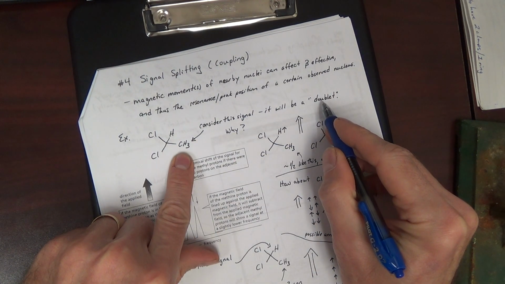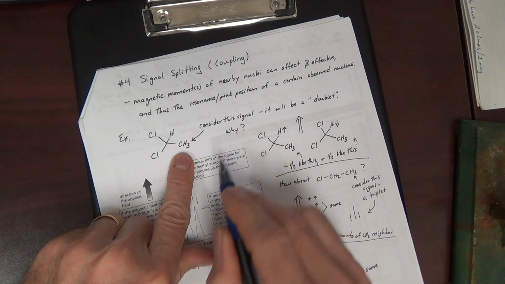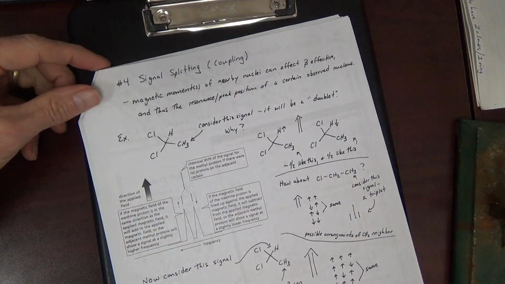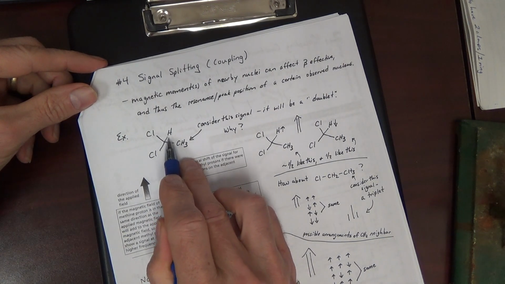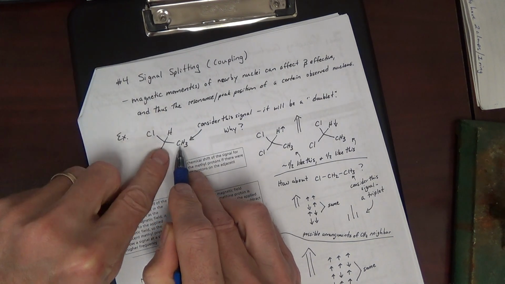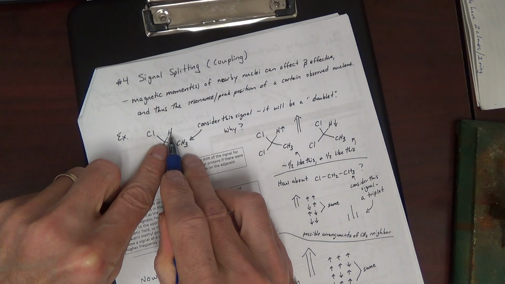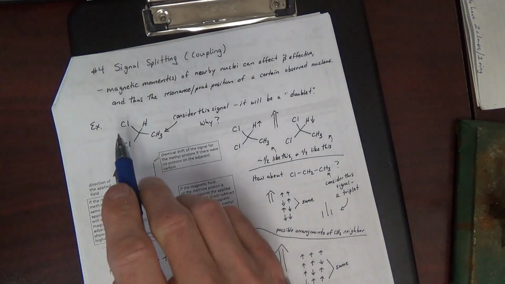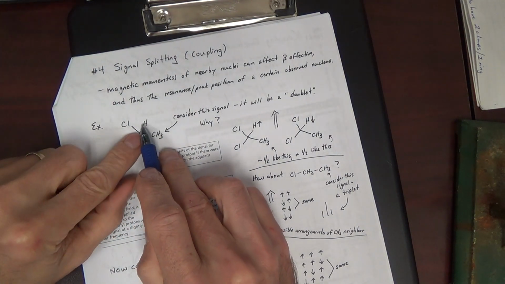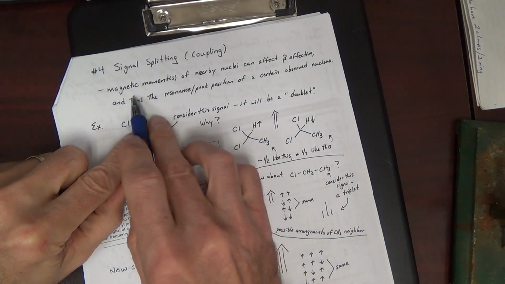Okay? Why? Why will that be a doublet? Well, it has to do with the neighboring hydrogens. And in this case, we have one neighbor. Just one. Now that one hydrogen, the nucleus of that hydrogen, has a magnetic moment.